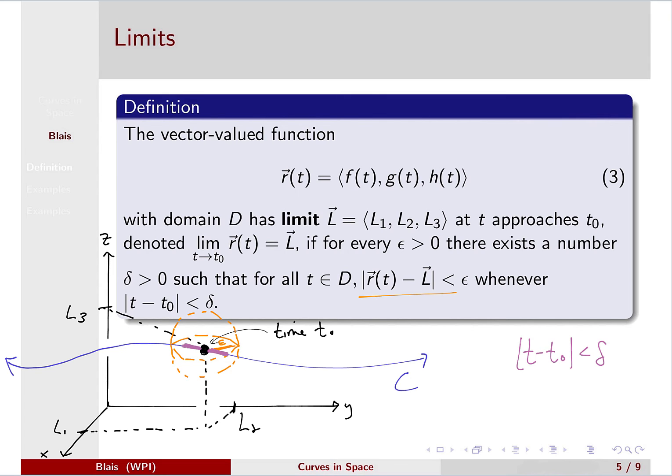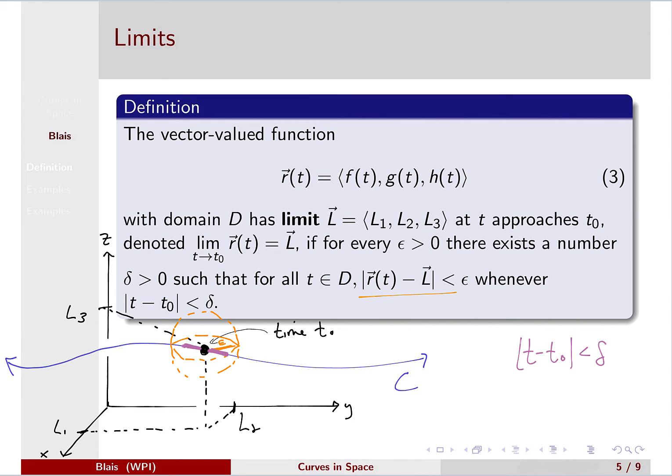And the key thing to recognize is we said this works for every epsilon greater than 0. So if you shrink epsilon, think about halving epsilon over and over. Halve the radius of this sphere. Well, you just have to reduce the arc length, the length of this lavender curve, which means you shrink delta. Okay, cut the radius in half again.